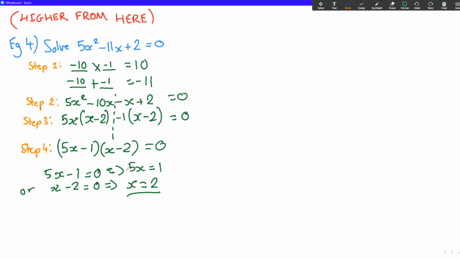But in this case, there's an extra step because we have this x here that we want by itself, but we have 5x. So we need to also divide by 5. So we get x on the left and then 1 over 5 on the right. So our answer is a fifth and 2.